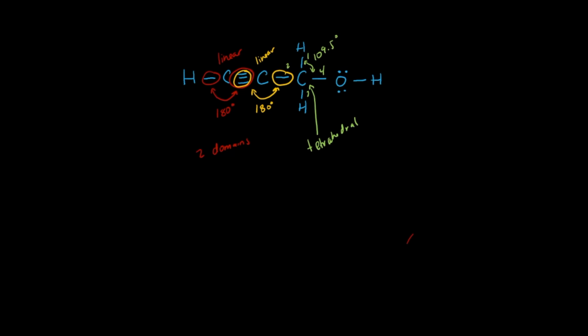Finally, we get to the oxygen. It has two lone pairs and two bonds, so it is tetrahedral also. The bond angle between the CO bond and the OH bond is also close to 109.5 degrees.